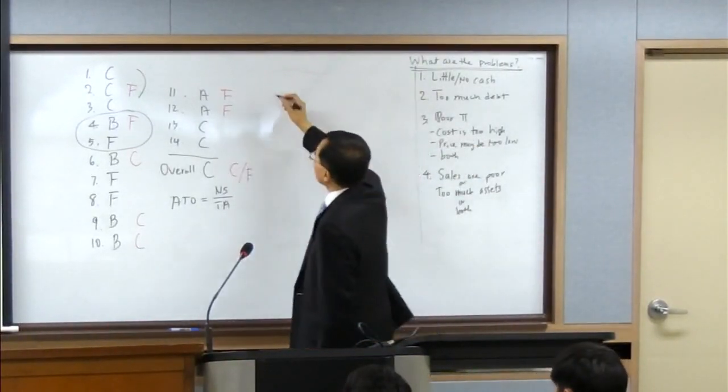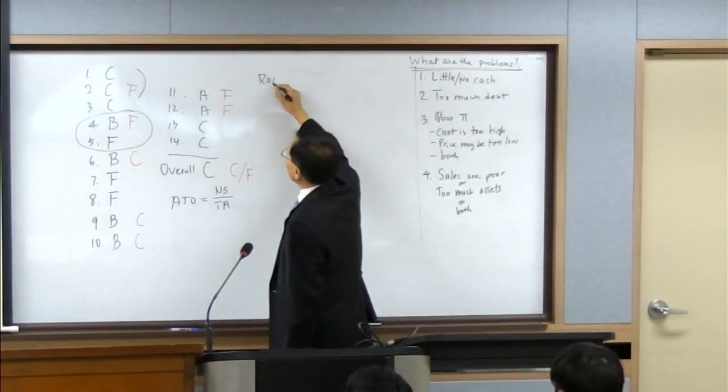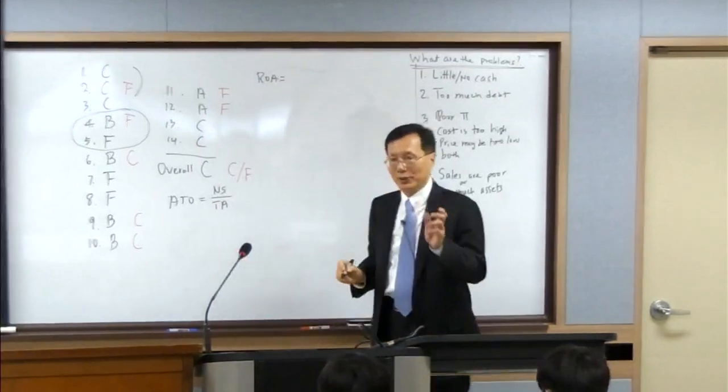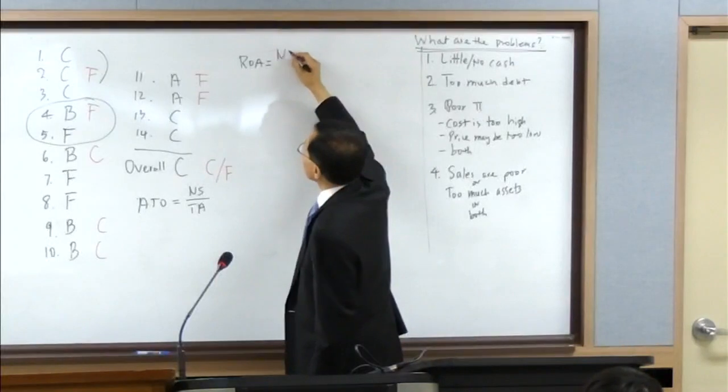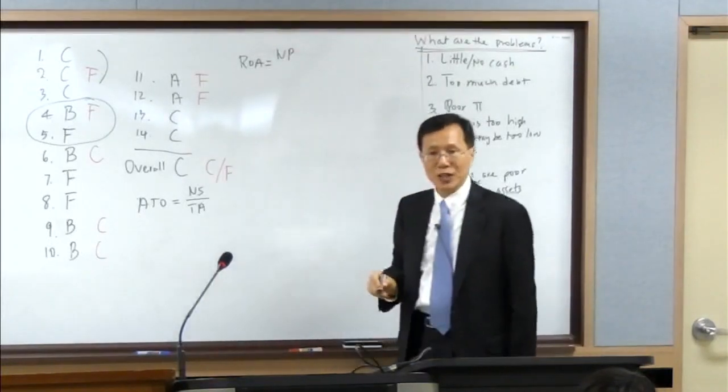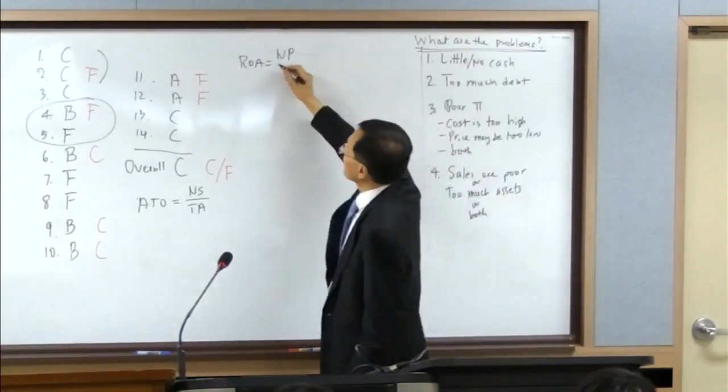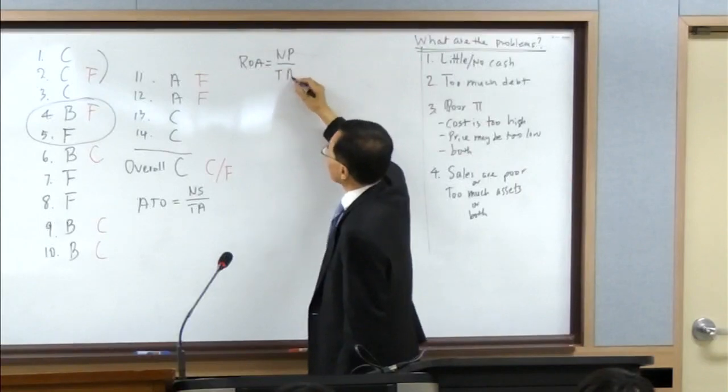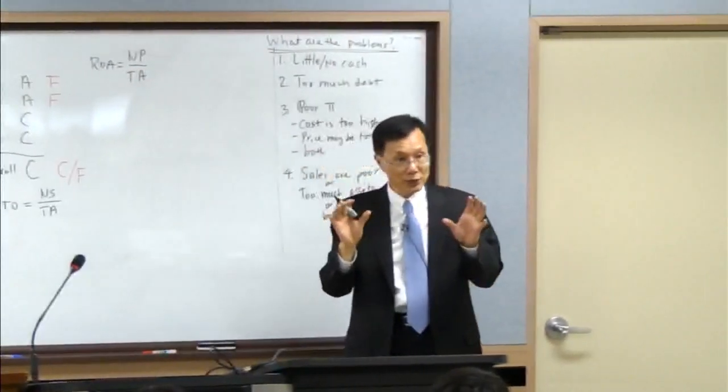Here, return on assets, ROA. This is very critical. Let me use acronyms: net profit after tax or before tax divided by total assets. That's the definition of it.